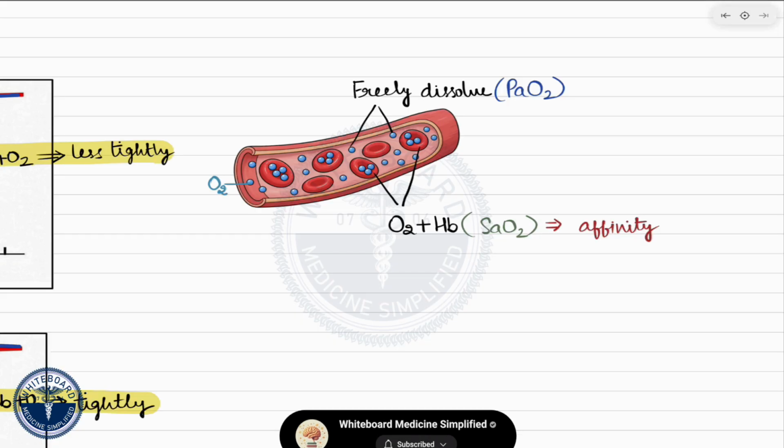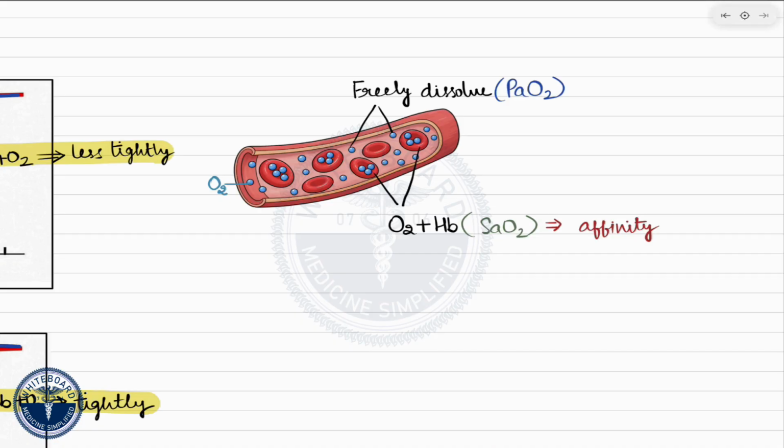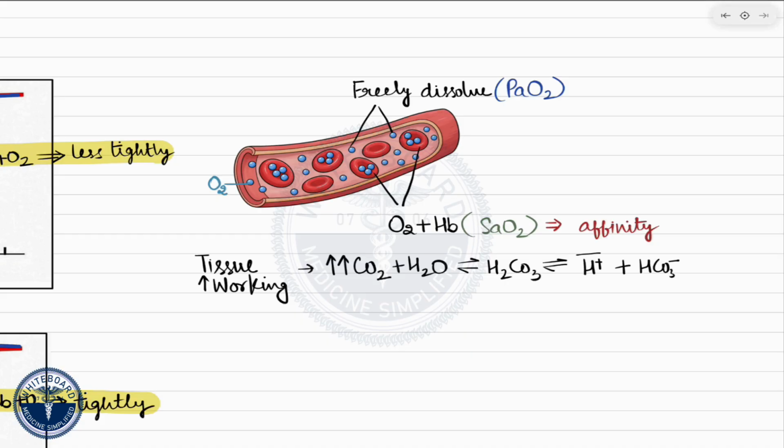Its affinity can change depending on the conditions around it, especially pH and carbon dioxide. For example, when the tissues are working hard, they produce more carbon dioxide. When carbon dioxide increases, it reacts with water and ultimately increases hydrogen ions, which causes the pH to fall, and the temperature of the tissues may also increase.